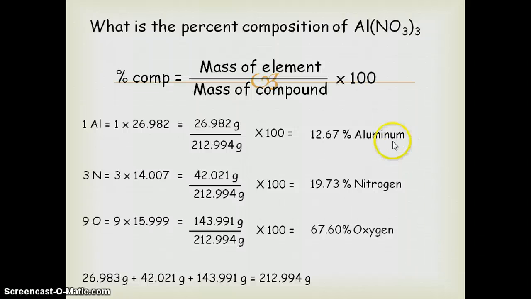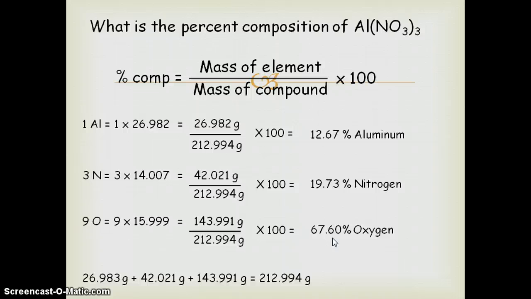Now remember, for percentages, you do want to round these to 4 significant digits. So you want 2 decimal places for your percents. I encourage you to do this: if you want to double check your work and make sure that you had the right number of atoms of each and that you got all of your math correct, you can add these percentages together and they should give you 100%.